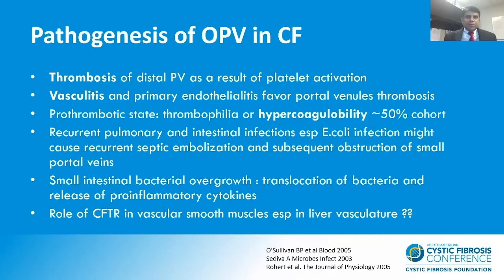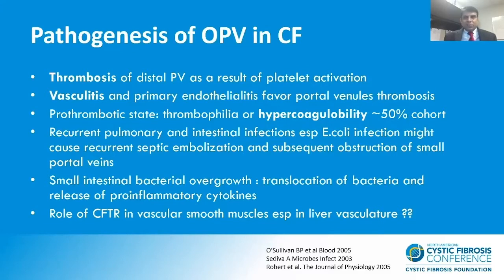Small intestinal bacterial overgrowth causes translocation of bacteria and release of pro-inflammatory cytokines that enter the liver through the portal circulation. Finally, CFTR is expressed in vascular smooth muscles and is responsible for vascular relaxation, similar to other chloride channels in smooth muscle.